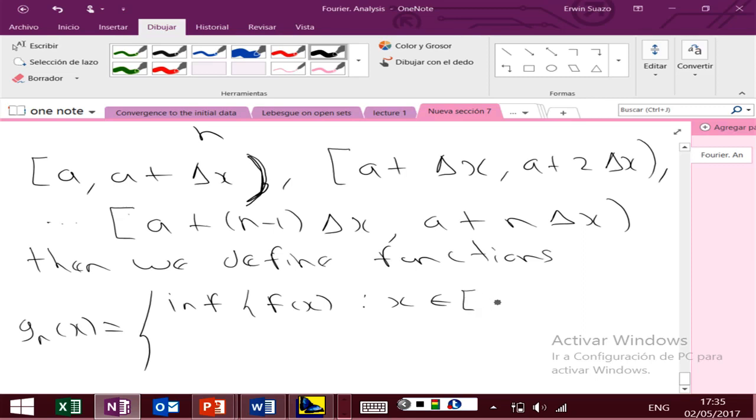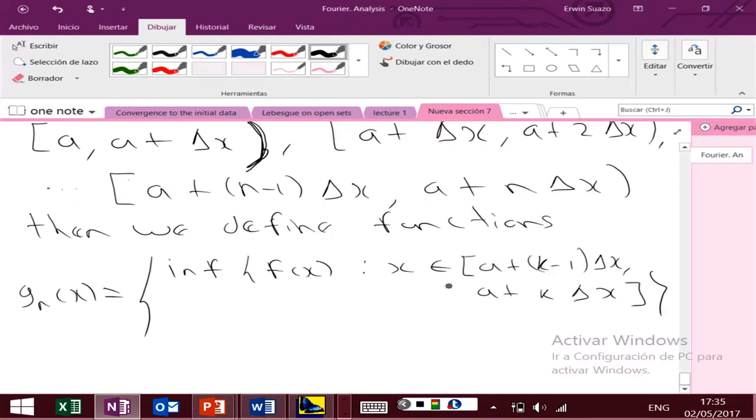But you know, this is notation: the interval from a plus k minus 1 delta x, comma, a plus k delta x. So I'm taking the inf of this guy, 0 otherwise.